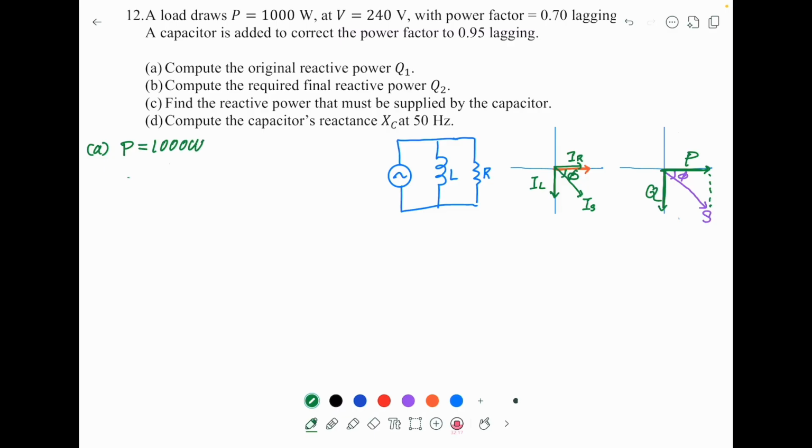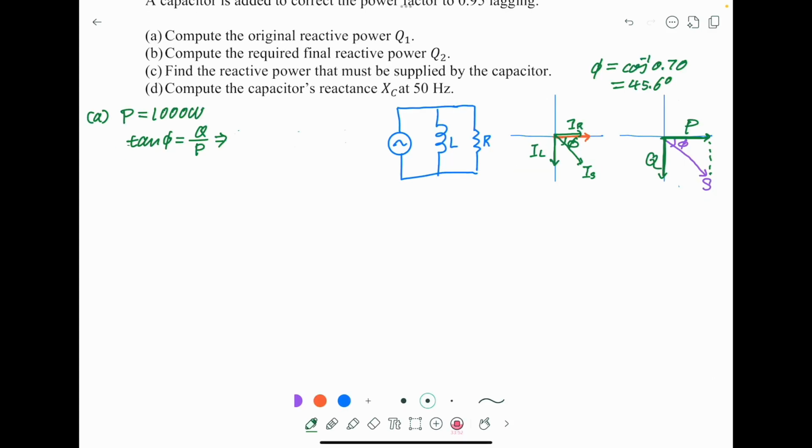From the power triangle, we can say tangent phi equals Q over P. Therefore, the reactive power Q is equal to P tangent phi, and Q is equal to 1000 tangent.